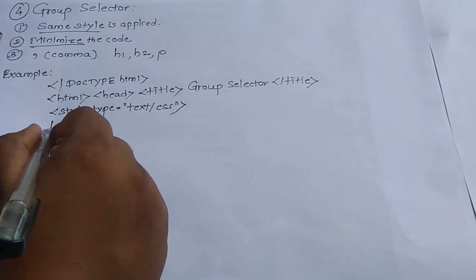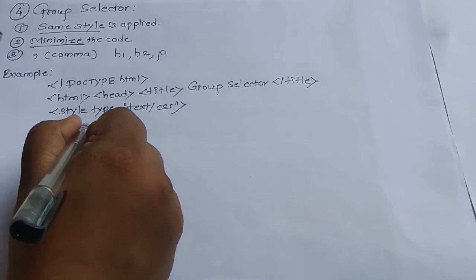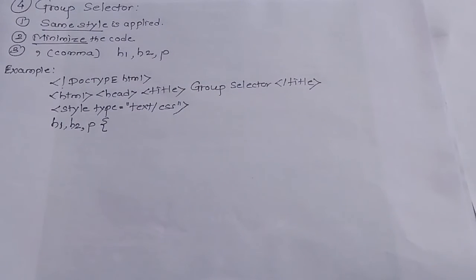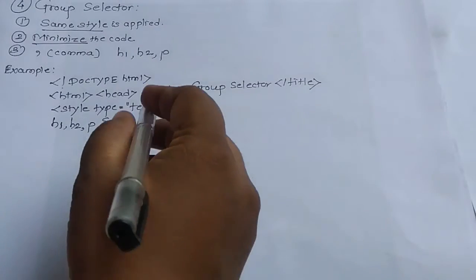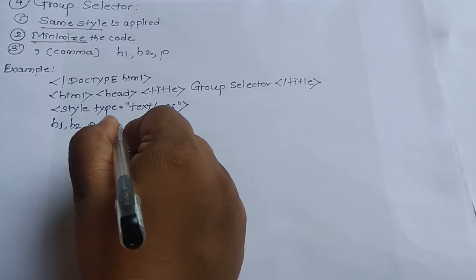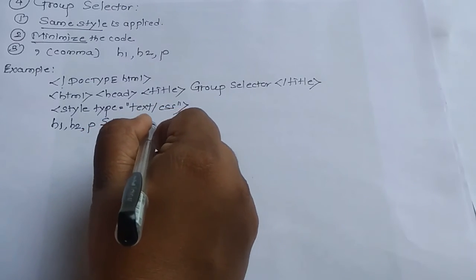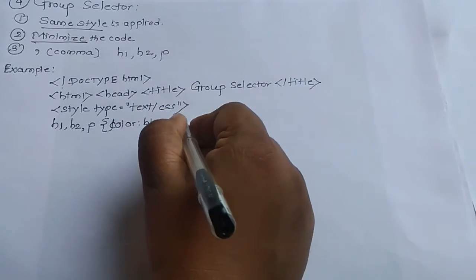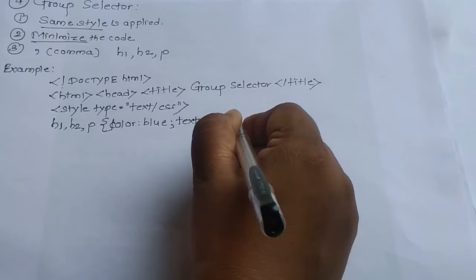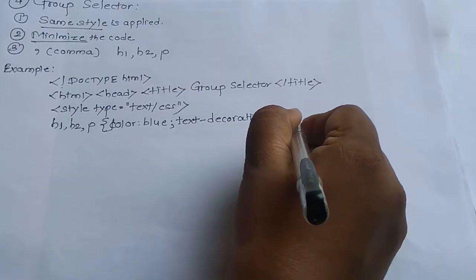Group selectors are used in this way: H1, H2 and P. The first property is color blue, and the second property is text-decoration colon overline.